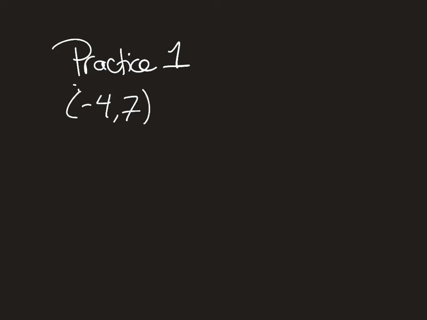So practice number 1. It says compute the midpoint of the segment, and it gives you the two points: (-4, 7) and (3, -2), and all it wants to do is find the midpoint. So let's go ahead and do that. The midpoint formula is that you add the x's and add the y's because you're finding the average, you're finding the middle.